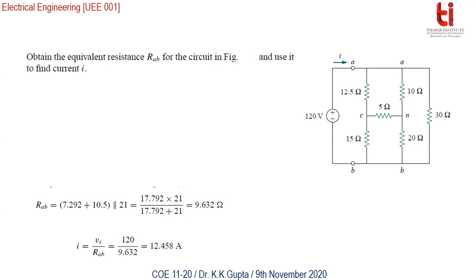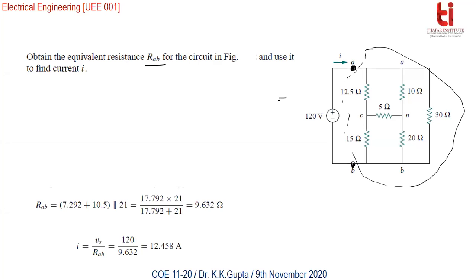For example, in this question, you have to obtain the equivalent resistance RAB for the circuit and use it to find current I. This resistance RAB is between junction A and junction B. Between A and B, there is a network of resistances. There is no source in the network inside the boundary that I have drawn, right?